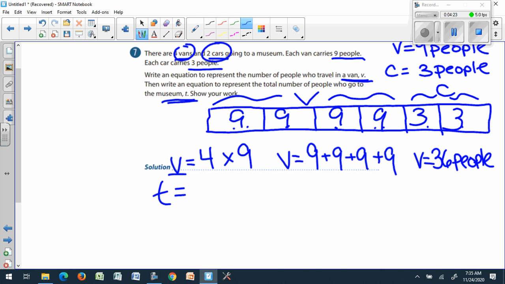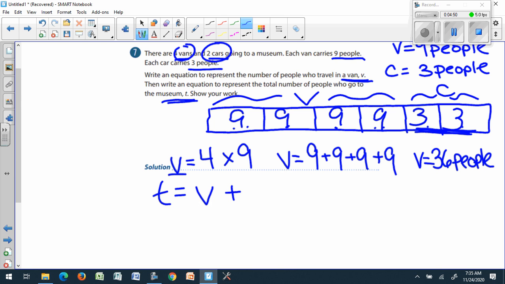So what iReady wants us to try to do is use that variable. So I know to find the total, I'm going to do V, which are all the people in the vans, plus, and then I need to do my cars. Well, I could do 3 times 2, I could do 3 plus 3, or I could do 6, right?